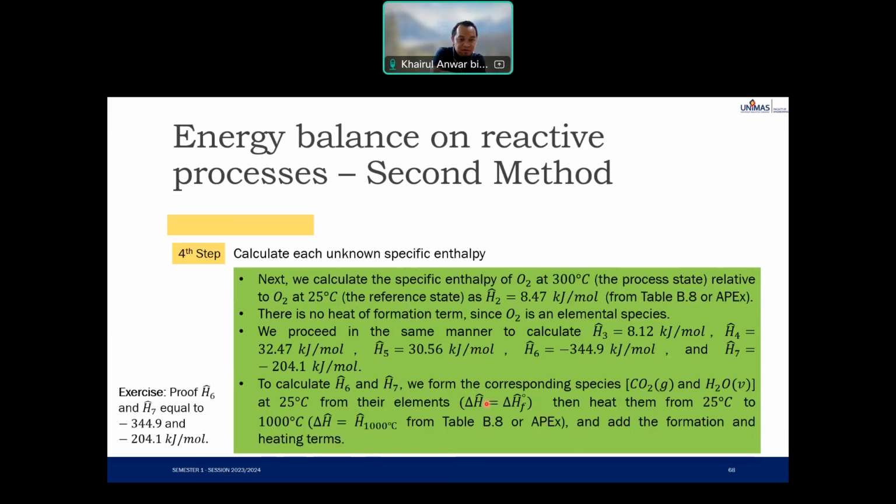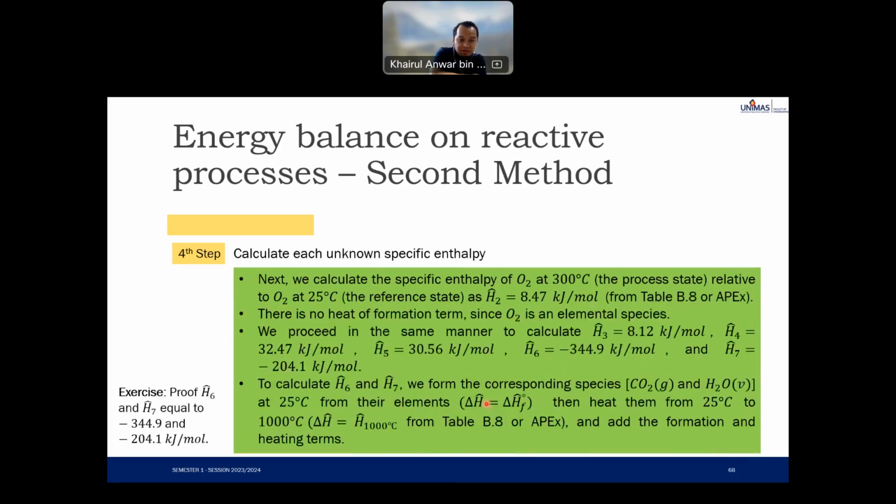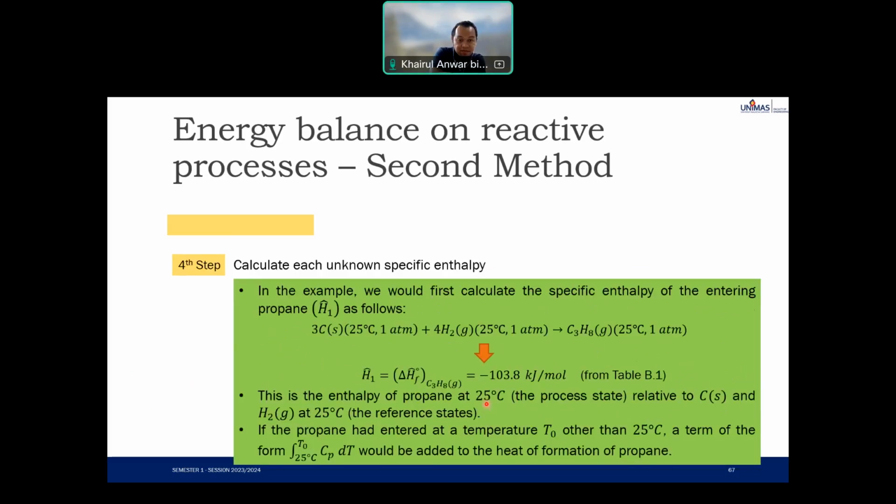H4 is oxygen at 1000 degrees C, 32.47. H5 is nitrogen at 1000 degrees C, which is 30.56.